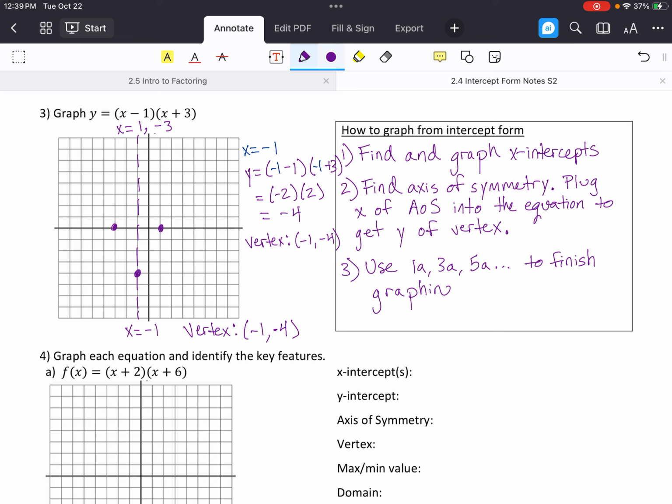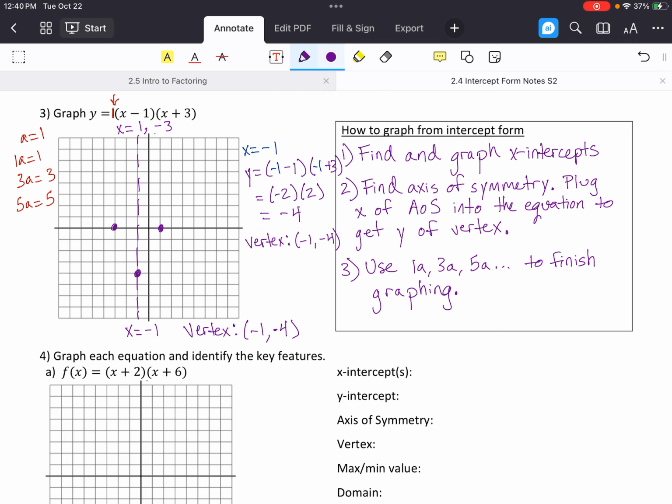Now that we have the vertex, we can use the 1a, 3a, 5a. Now for the a value with intercept form, you're looking for any number that's in front of the parentheses. So I'd be looking right there. I see no number there, which means I have an invisible 1. So I know my a value is 1. So when I calculate 1a, 3a, 5a, I just get 1, 3, 5.